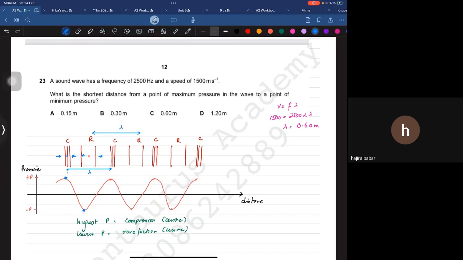Now, in this particular question, it says, what is the shortest distance from a point of maximum pressure to a point of minimum pressure? Obviously, the minimum pressure will be here at the rarefaction, which means that this distance that you're looking at is not lambda. In fact, it is half lambda. So half of this 0.60 is going to be 0.30. Understood, kids? Everybody's clear about it?